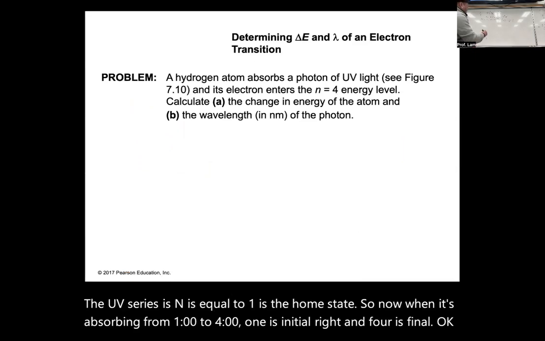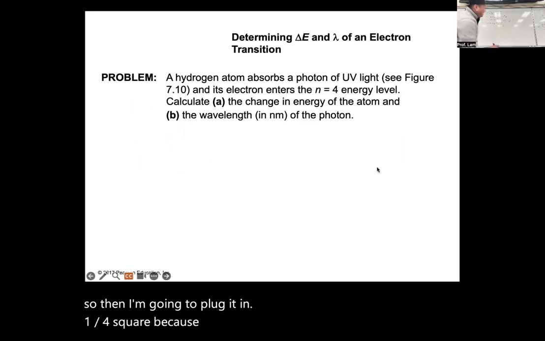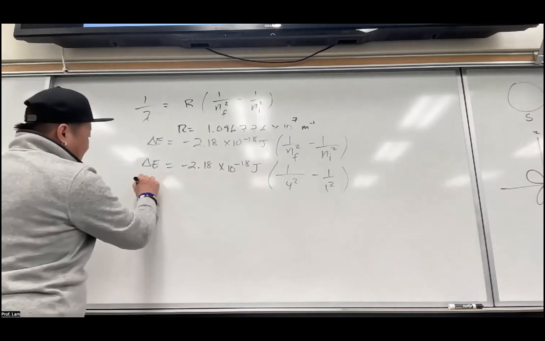So then I'm going to plug it in. One over 4 squared, because that's final, minus 1 over 1 squared. Like that. Okay, so now we just evaluate.